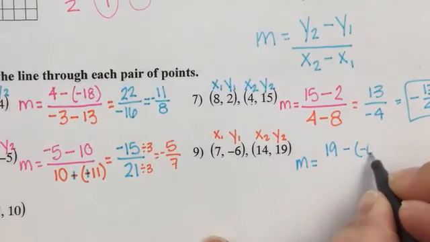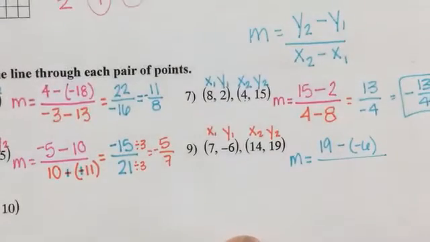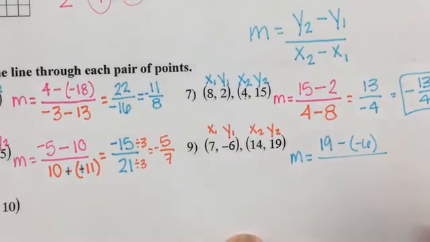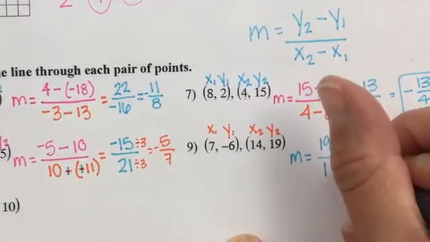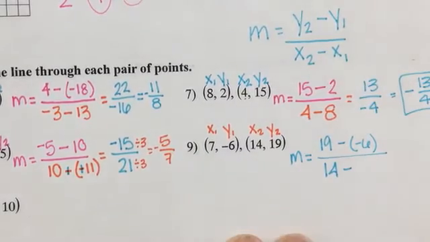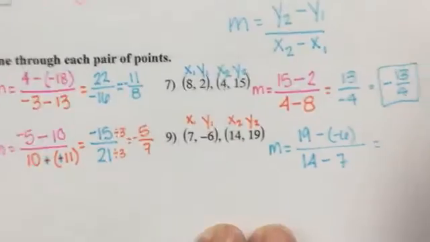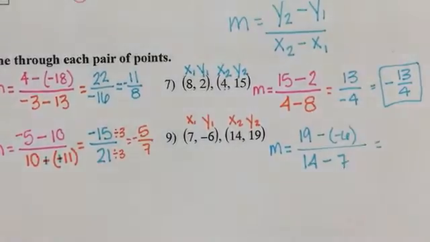That's correct, awesome. Charlie, what is my X2? 14. And Peyton, what is my X1? 7. That's right.